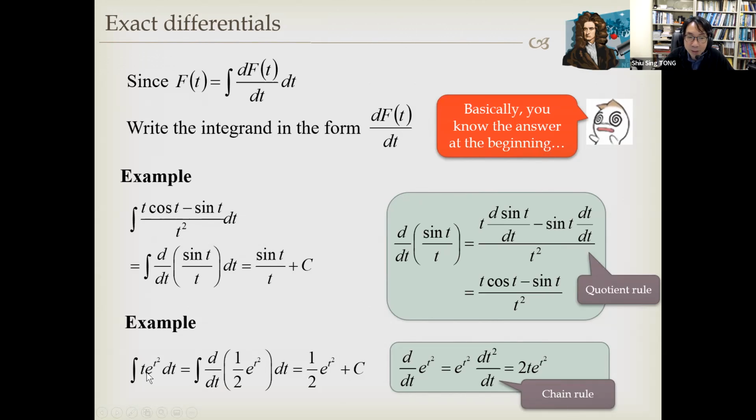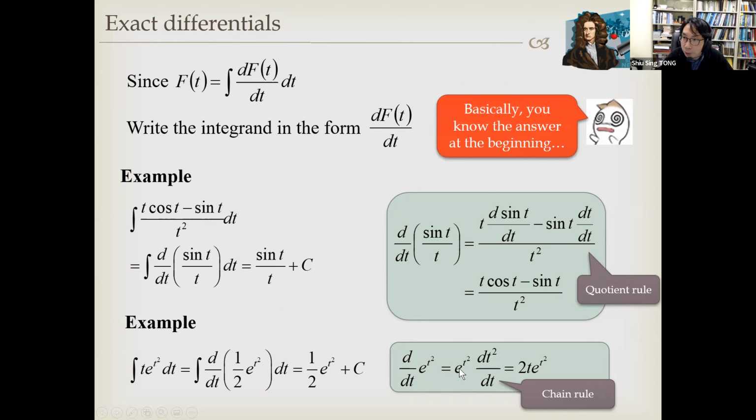Now, how about this? t multiplied by exponential to the power t squared. Now, I noticed that, in fact, this can be written as the complete differentiation of half exponential to the power t squared. Why? Because differentiating this uses the chain rule.